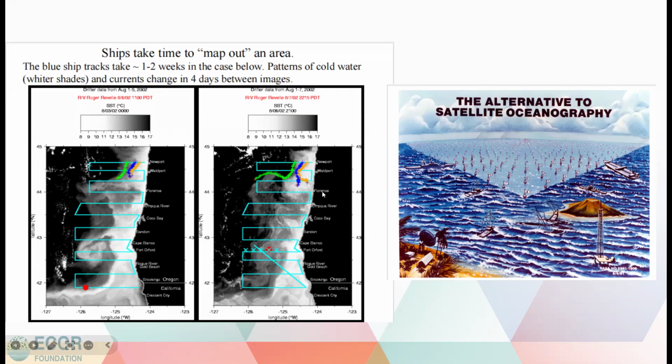So this plot highlights the advantage of satellite remote sensing for fast, wide-range aerial coverage of ocean monitoring compared to the slow ship-based methods. Here is an imaginary, hypothetical image of an alternative to satellite oceanographic surveys. It is practically and economically impossible.